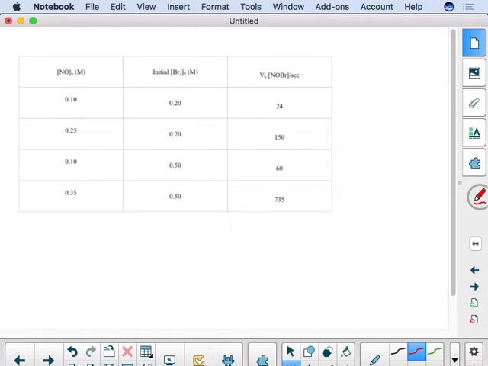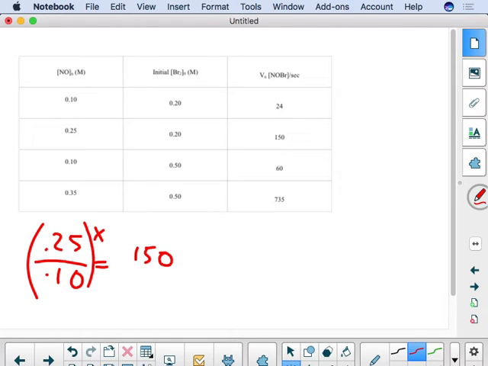Mayu, what do you want to compare? Which two reaction rows? The first and second, for x. All right, so we're going 0.25 over 0.10 to some mysterious power equals 150 over 24.